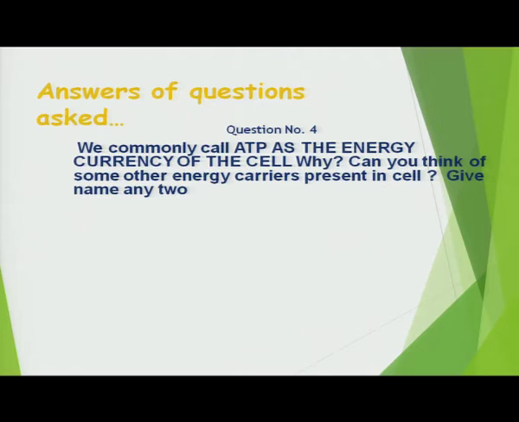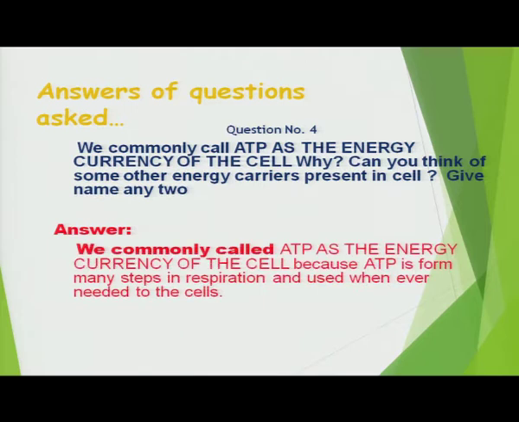It is formed in many steps in respiration. So, ATP is commonly called the energy currency of the cell, and this ATP formed by glycolysis or the Krebs cycle or the electron transport chain is used whenever it is needed, just like currency, when we need it we spend the currency.